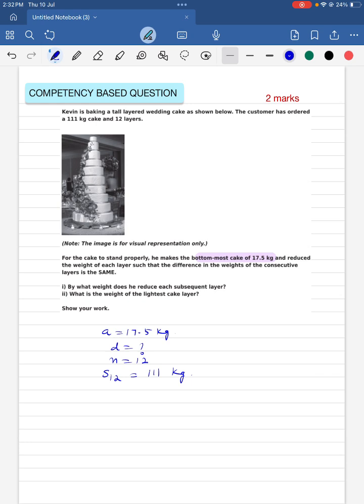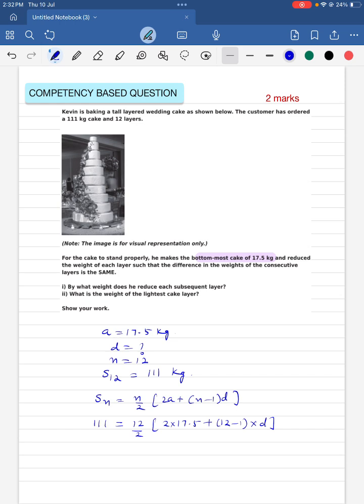Okay, so let's use the sum of n terms formula here and find the value of d from it. So Sn we know is n by 2 into 2a plus n minus 1 times d. That's equal to 12 by 2 times 2 into 17.5 plus 12 minus 1 times d. And we know the value of S12 is 111.